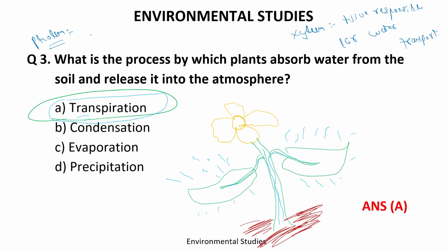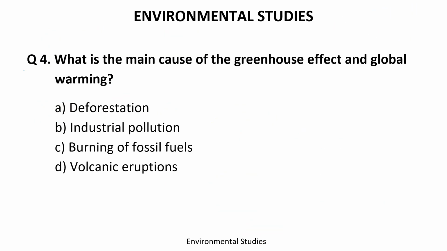Phloem is the tissue responsible for other material transfer. So remember these two tissues also. Xylem is responsible for the water transport. Phloem is responsible for the other material transport, not water. Okay. So let's move forward.